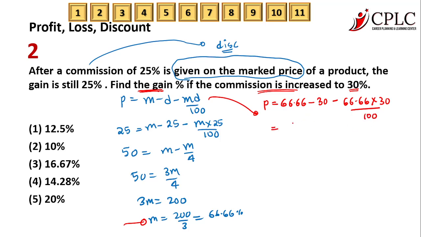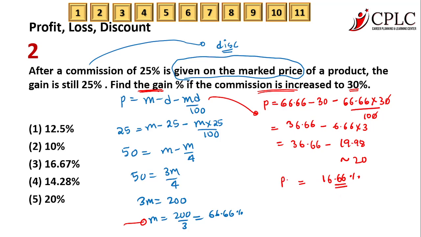So 66.66 minus 30 gives you 36.66. This 10 goes off. This becomes 6.66 into 3. 6.66 into 3, 19.98 something, which is almost 20. And 36.66 minus 20 is obviously 16.66% as the answer, which is profit, which is answer option 3 for that matter.